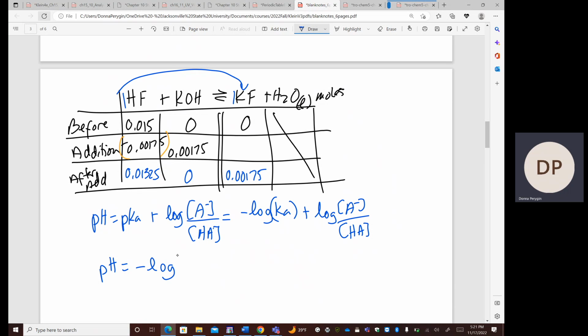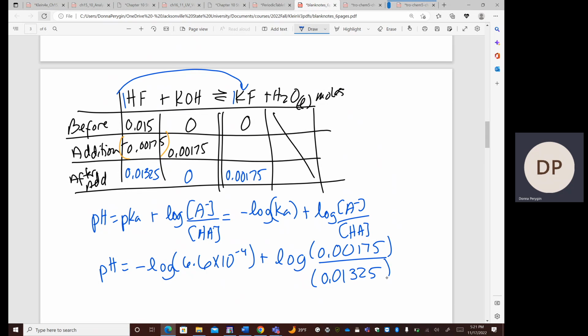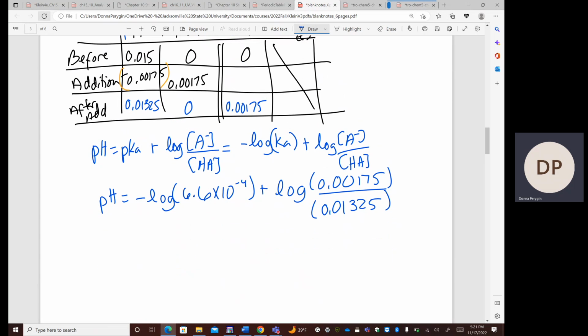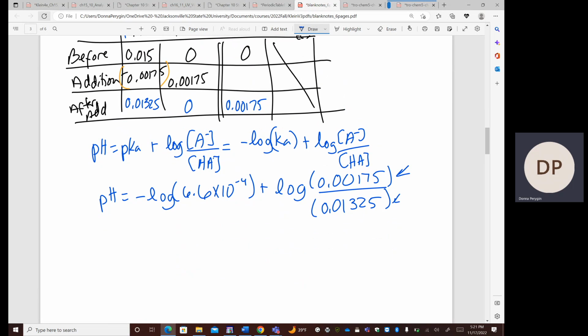Negative log of 6.6 times 10 to the minus 4th plus the log of 0.00175 over 0.01325. So we can just put the ratio of moles in. Here's our A minus and here's our HA, okay, from our chart, because the volumes would cancel.